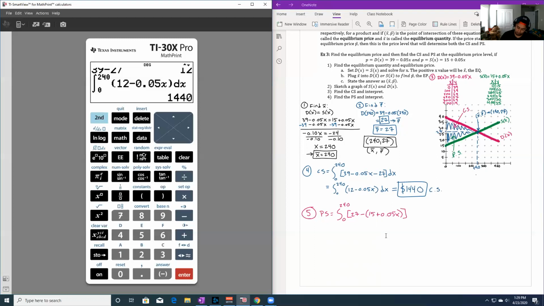Make it look pretty. The integral from 0 to 240 of 27 minus 15, that's 12. So weird. 12 minus 0.05x dx. Okay. Integral 0 to 240 of 12 minus 0.05x. Enter.